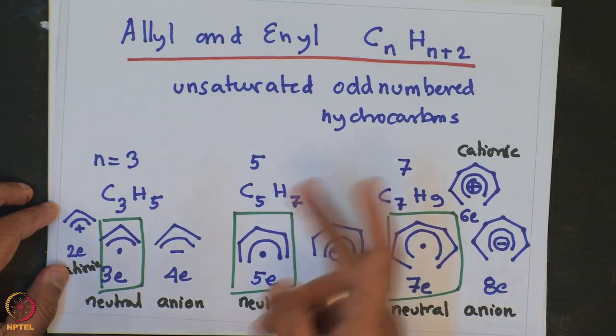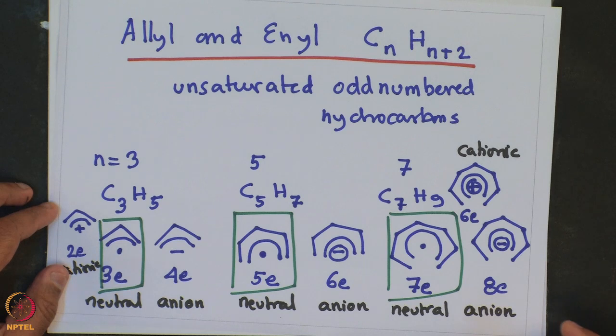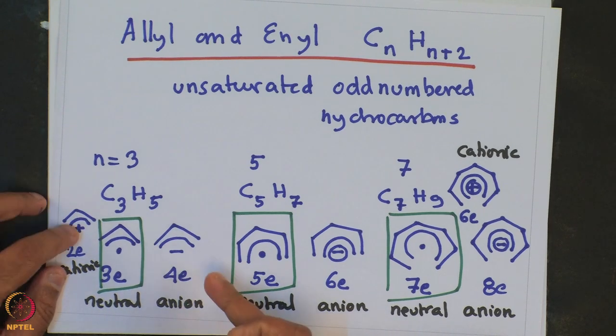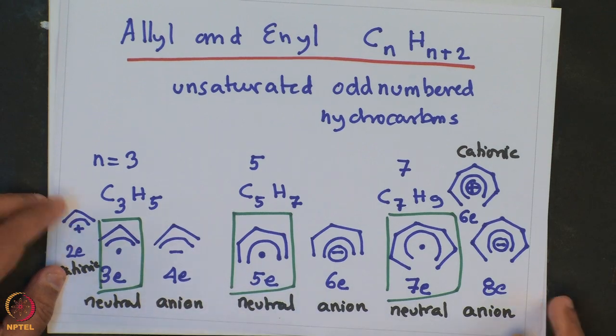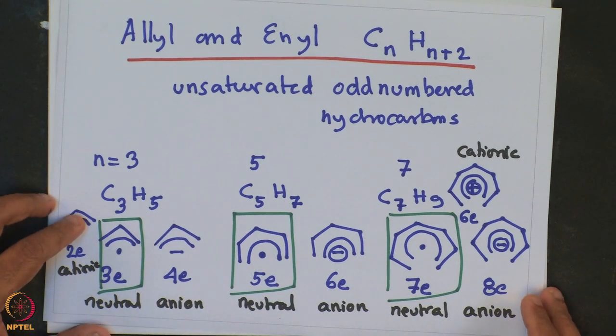Now, one thing worth mentioning is that the radical form, the neutral form of these CnHn+2 ligands, is extremely reactive given that it is a radical, whereas the ionic ones, the anionic and the cationic ones, can be stabilized as salts of alkali, alkaline earth or transition metals.